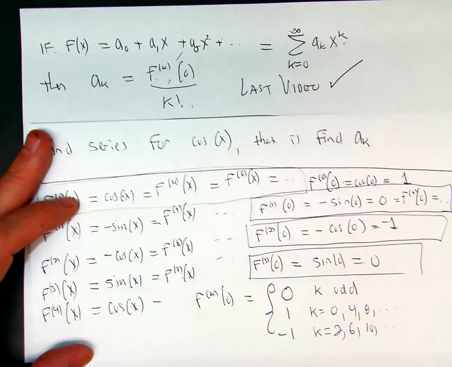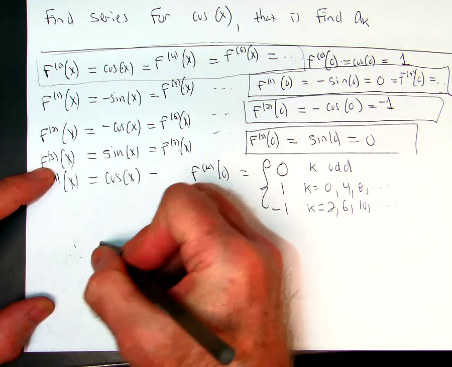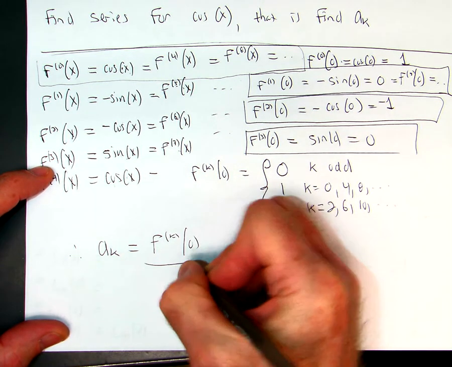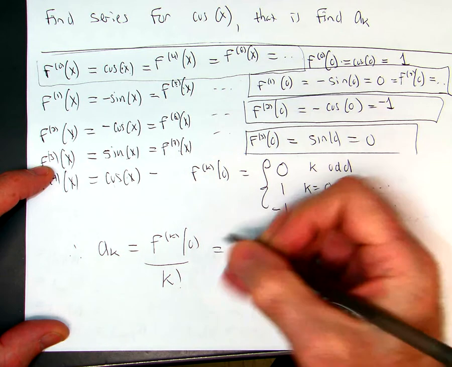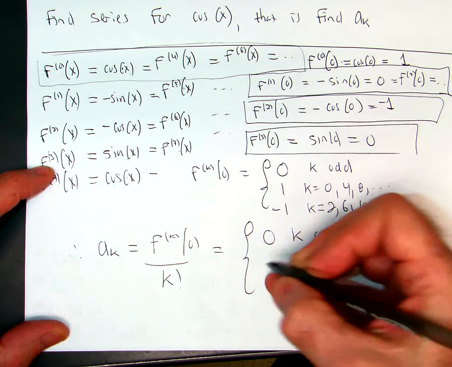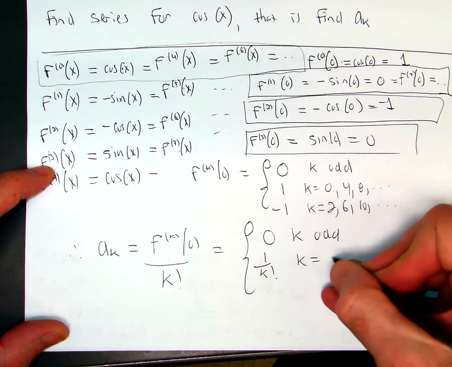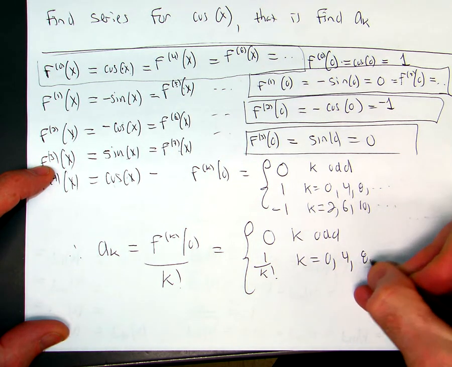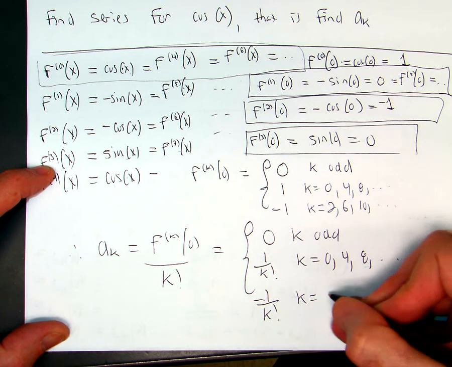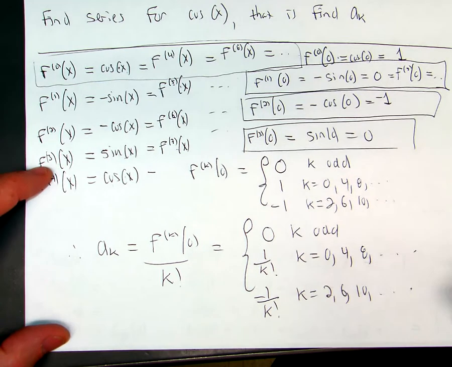So that gives us a formula. Now we can use that to figure out what ak is. Ak, which is equal to the kth derivative at 0 over k factorial, is going to be simply 0 when k is odd. It's going to be equal to 1 over k factorial when k is 0, 4, 8. And it's going to be minus 1 over k factorial when k is 2, 6, 10, and so forth. Okay, so that's our formula.